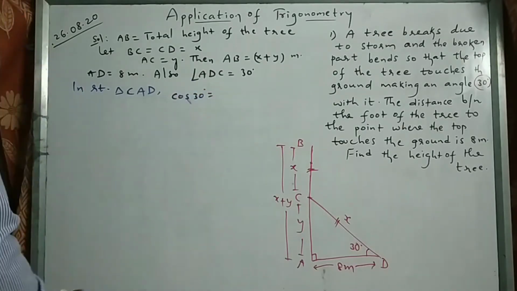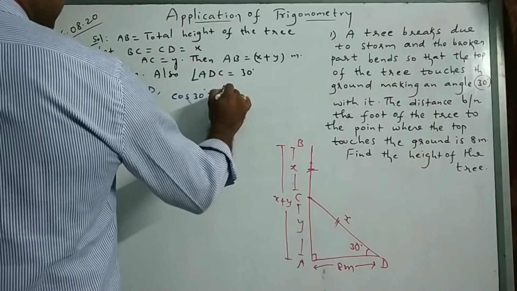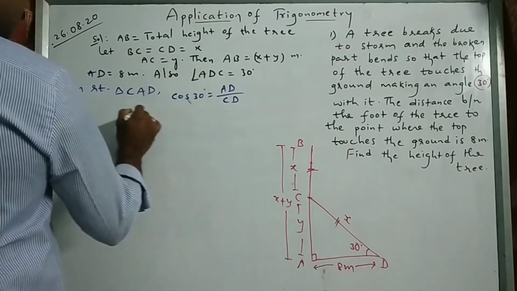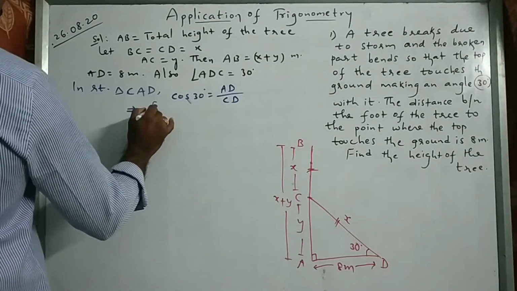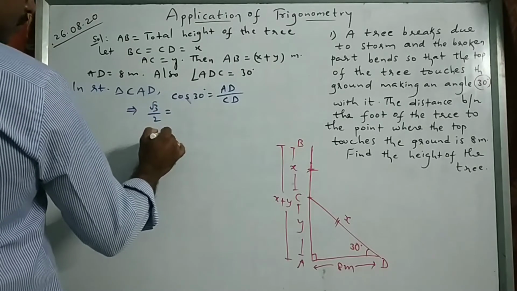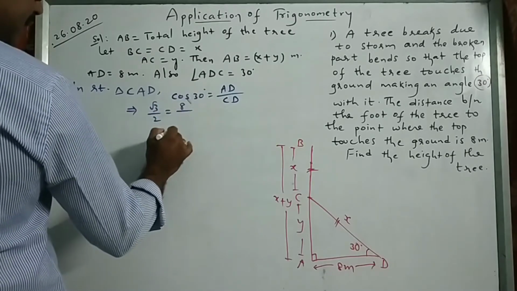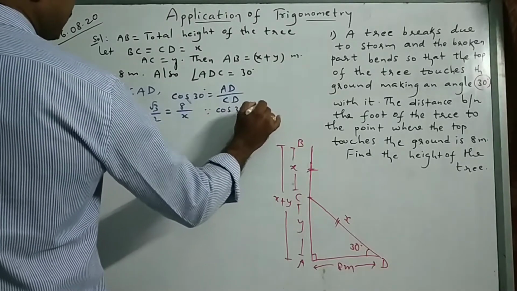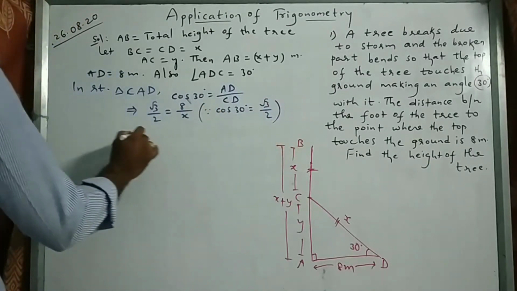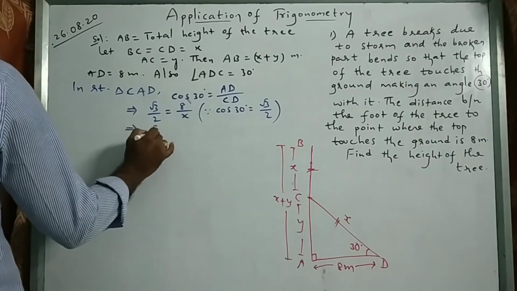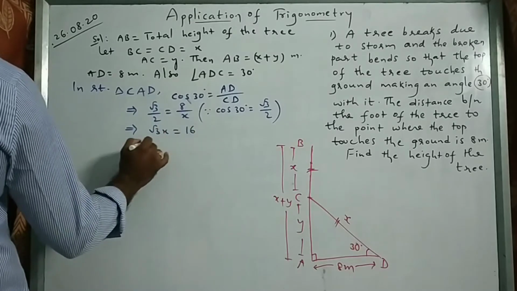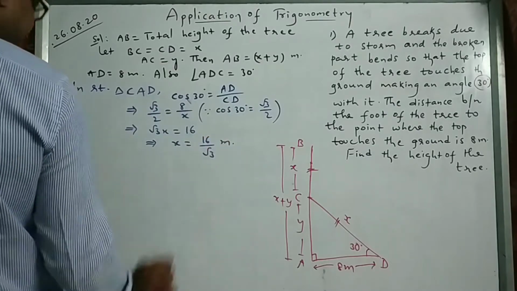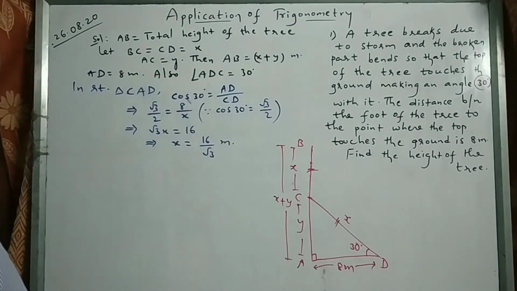Cos 30 degrees equal to adjacent AD by hypotenuse CD. So cos 30 degrees, value root 3 by 2, equal to AD 8 by CD value x. So root 3 x equal to 8 twos are 16. Then x equal to 16 by root 3 meters. Keep it like this.